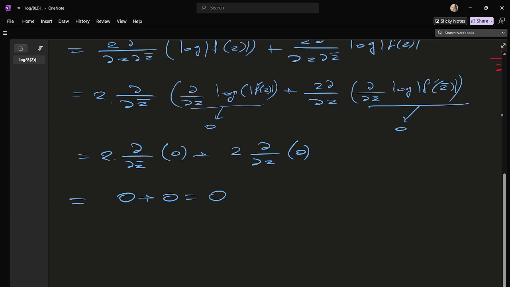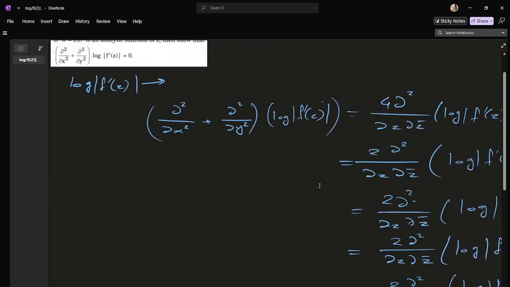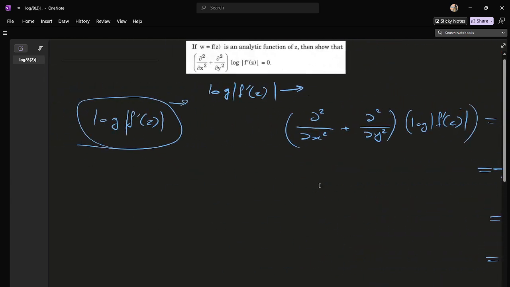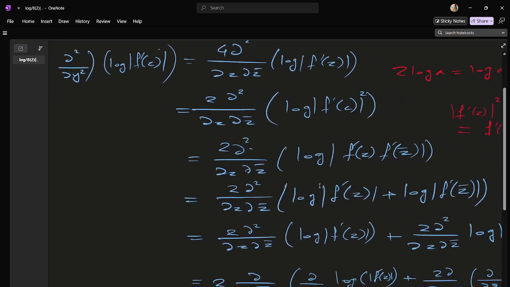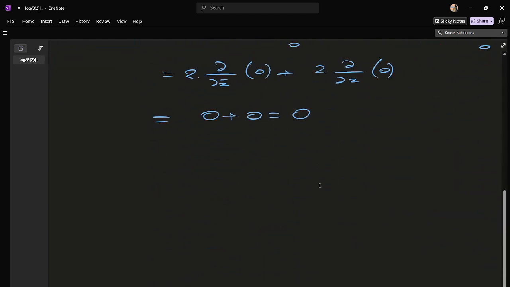So del square by del x square plus del square by del y square of log of mod f dash z is now 0. So our question is proved.